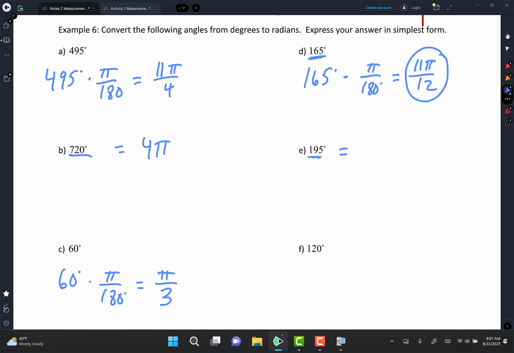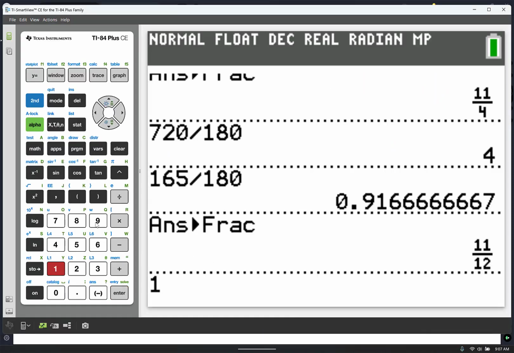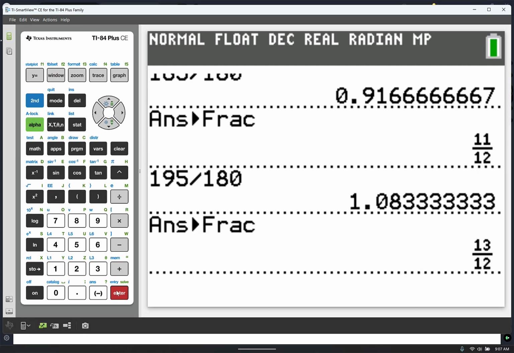At 180, it's 12 over 12 of pi. So this has to be 13 pi over 12. And sure enough, if you go 195 over 180, if you don't like that, then just do 195 over 180, turn it into a fraction. And there it is, 13 pi over 12.